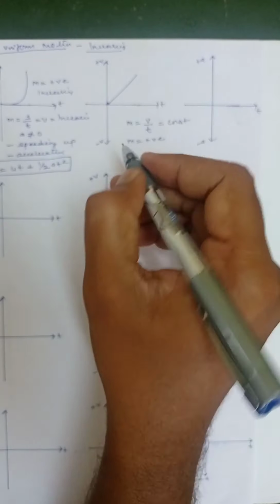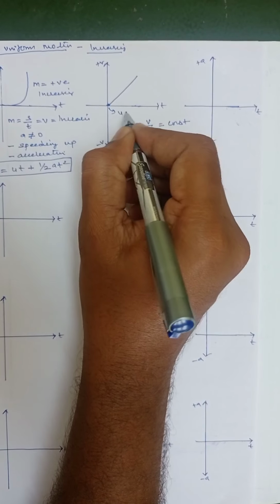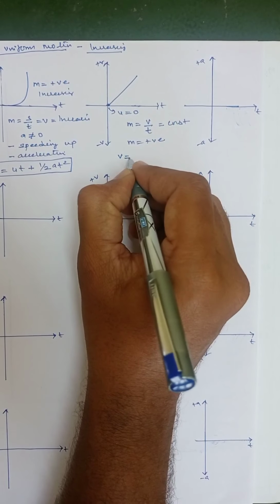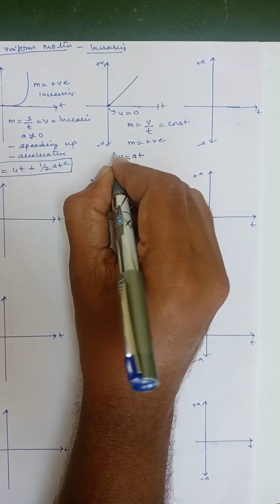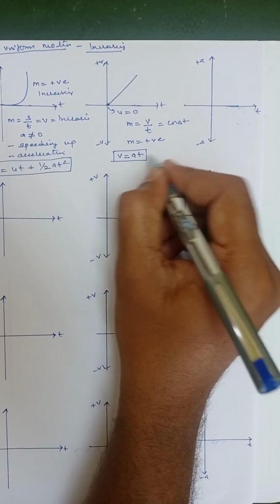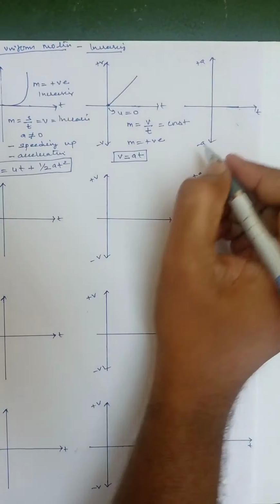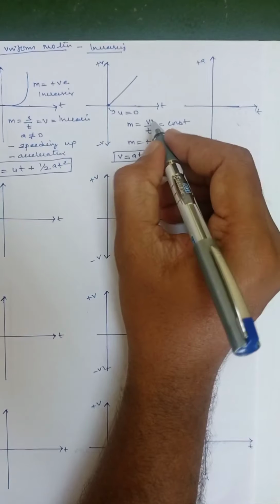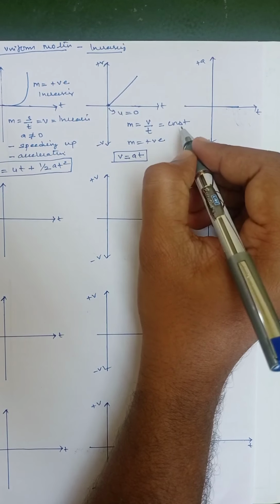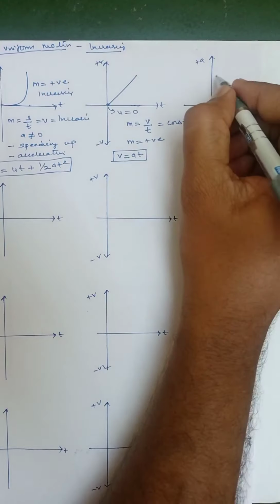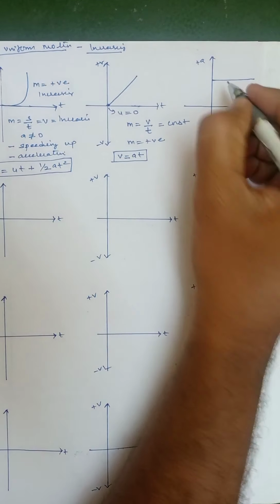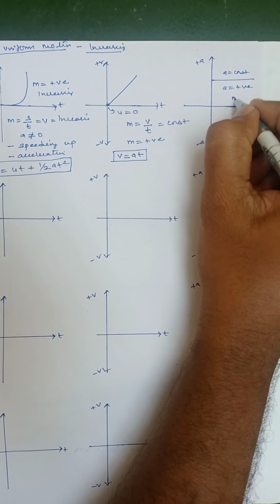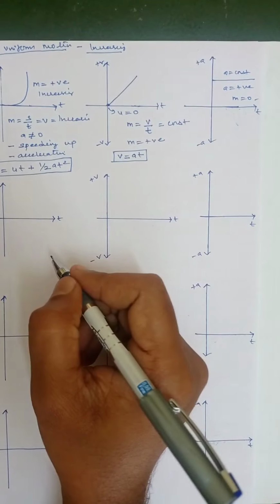Here the initial velocity u is equal to 0, and the equation hence becomes v is equal to u plus at, where u is equal to 0. Hence for a, for constant, m is equal to v by t, m equal to constant, so a equal to constant comes like this. So a equal to constant, where a equal to positive and m equal to 0.